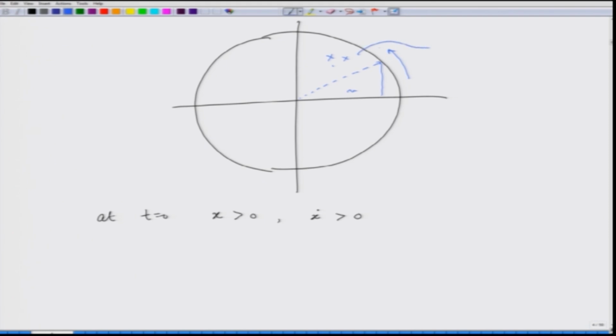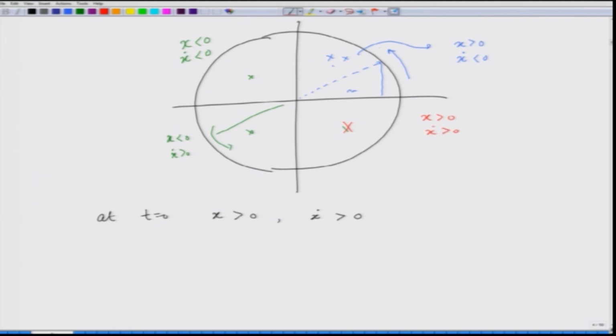So, let us write here x is greater than 0 and x dot is less than 0. How about this quadrant? In this quadrant, x is less than 0 and x dot is also less than 0. Here x is less than 0, x dot is greater than 0 because this arrow would be moving this way. And in this quadrant, which I will show by red, x is greater than 0 and x dot is greater than 0.